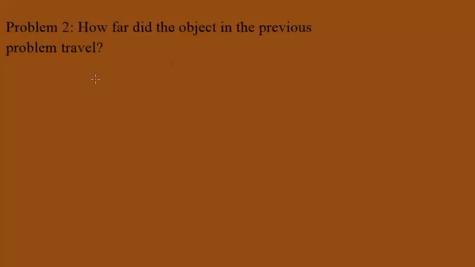How far did the object in the previous problem travel? This one's the second of the simplest kinematic equations, and we use this formula. Again, it was dropped, so we have an initial velocity of 0, and if we define the top of the well as x equals 0, and the guy drops it down here, then our initial position is 0.